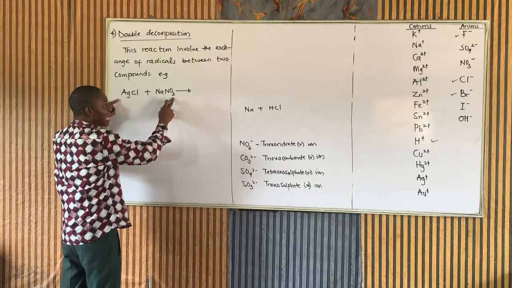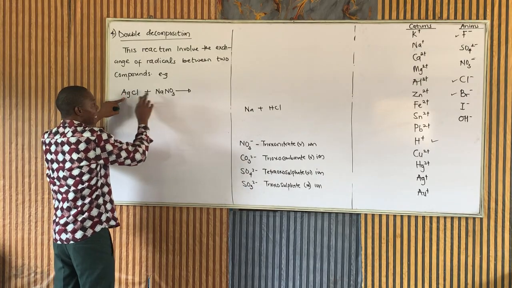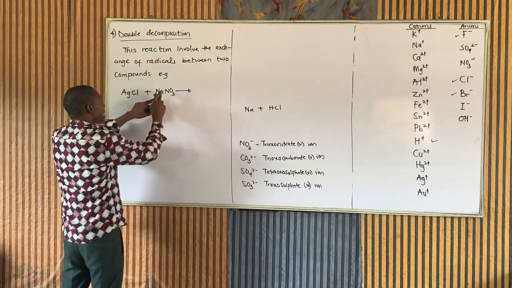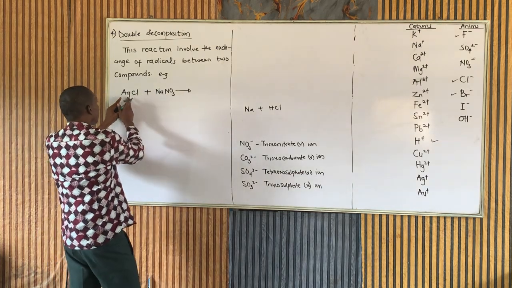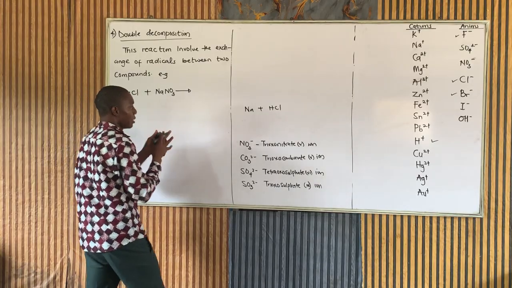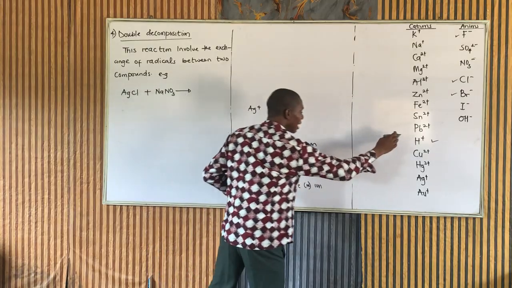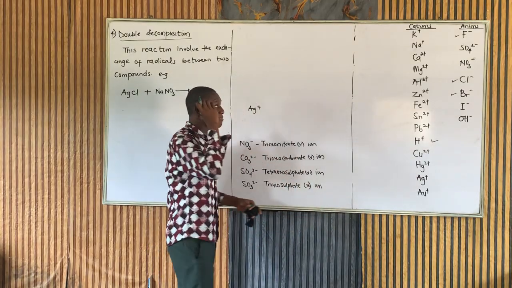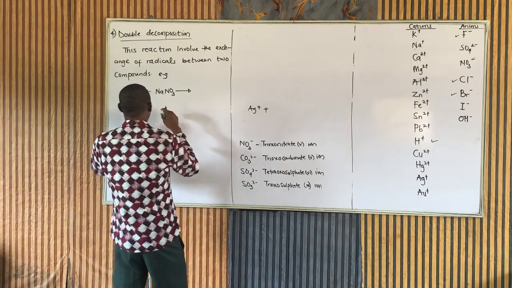So what will happen here is that they will exchange radicals. Silver will say, I'm tired of this chlorine radical. Can I come and take NO3? And sodium will say, I'm tired of this NO3. Can I come and take chlorine? And that's what happens here actually. And so silver combines with NO3. But remember, you're not just going to write it that way. You're going to say silver Ag plus. So you have to have this in your head. Very, very important. Plus coming to marry NO3.